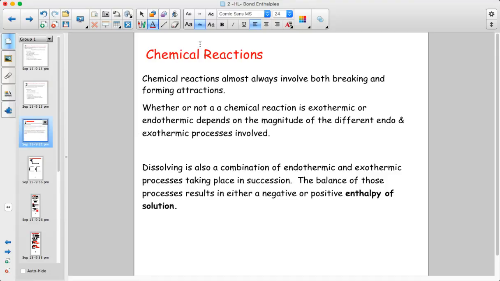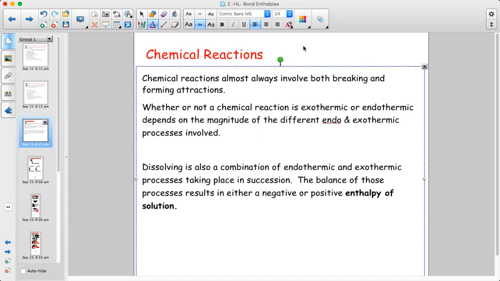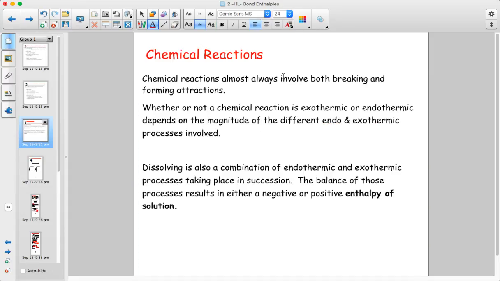So when we talk about chemical reactions, they almost always involve both breaking and forming attractions, usually breaking bonds and also forming new bonds. And whether or not a chemical reaction overall is exothermic or endothermic depends on the magnitude of those different endothermic and exothermic changes that are happening. Okay? Dissolving is another process that involves both endothermic and exothermic changes happening in succession.